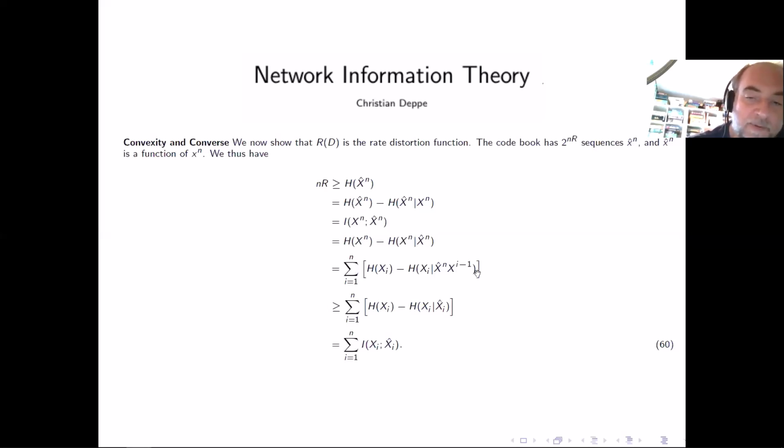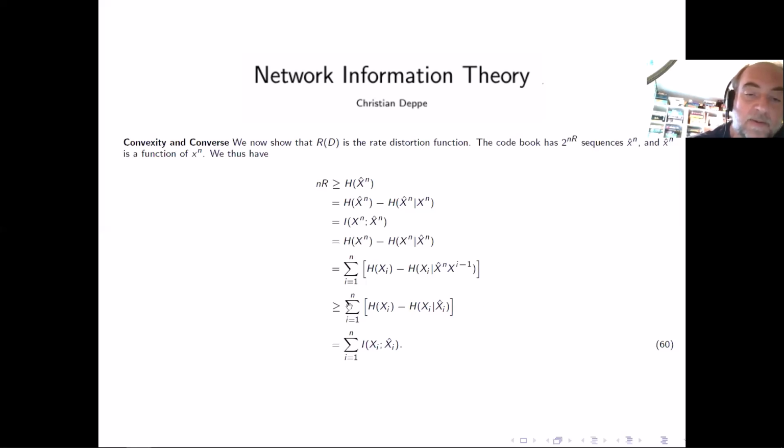Now we remove, so we replace this condition by this condition here. And of course this conditional entropy is bigger than this, but it's a minus in front, so this total sum is smaller than this sum here.